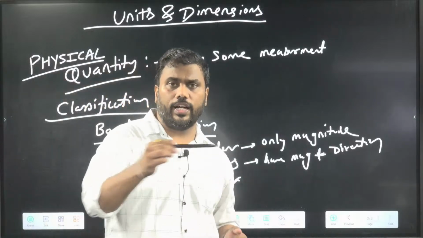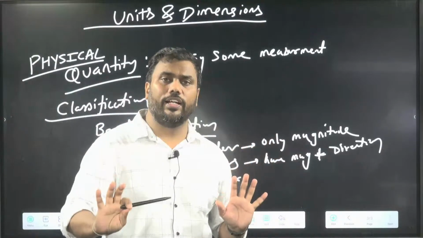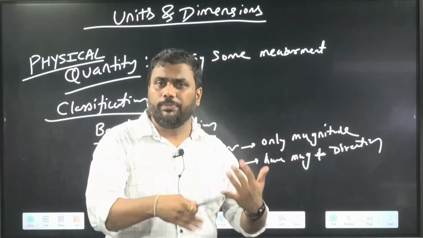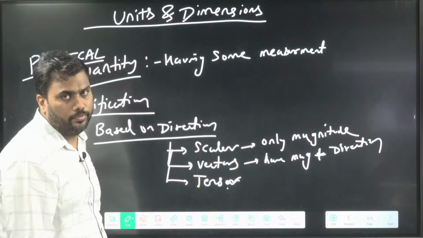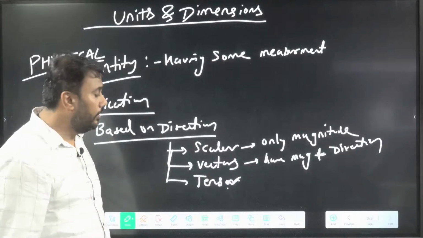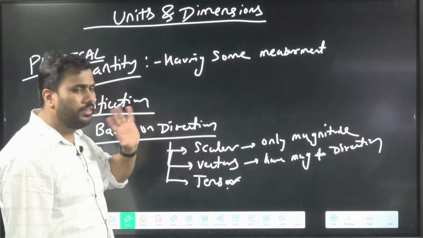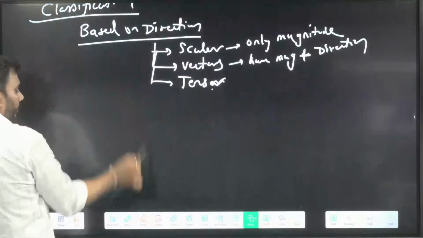Moment of inertia can be defined for every axis: X axis, Y axis, Z axis. So it is present in all the directions. That kind of quantities are called tensor. Stress, strain, these are tensor. We'll learn about them, but not very much. They are not involved in our syllabus. So based on direction, this is the classification.